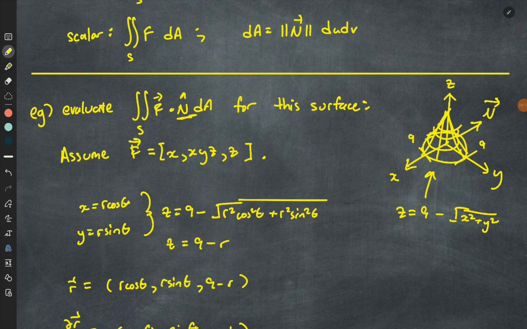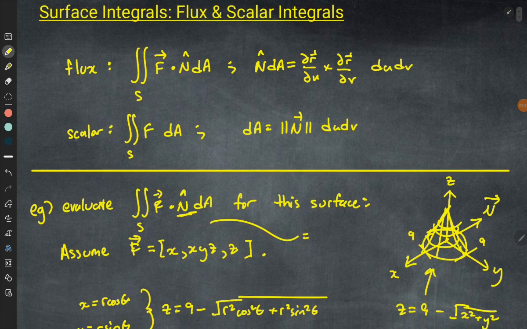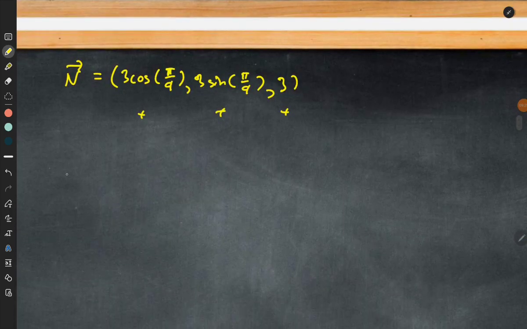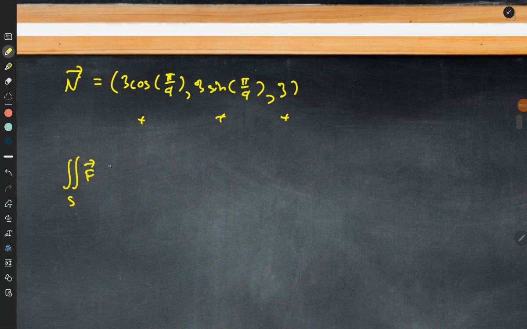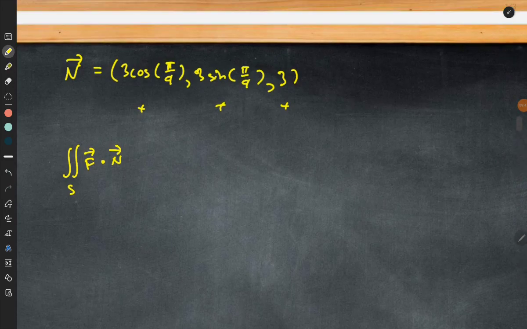Now that we know what our normal vector is, let me write out the entire formula. It should be the double integral along the surface of the force field dotted with the normal vector, du dv.